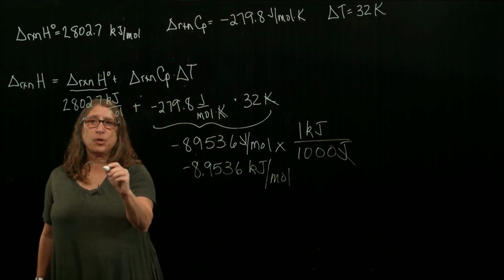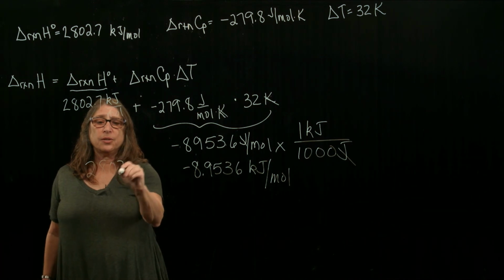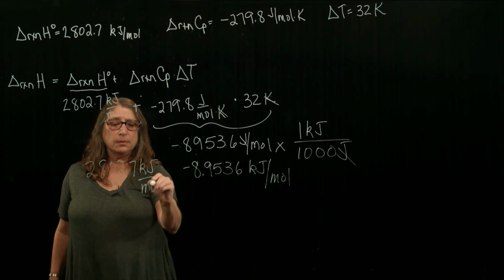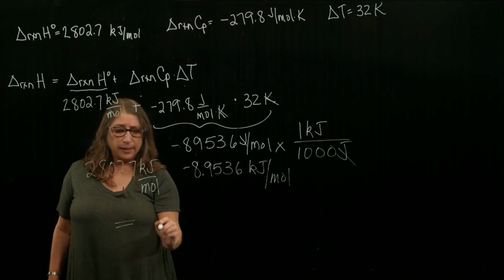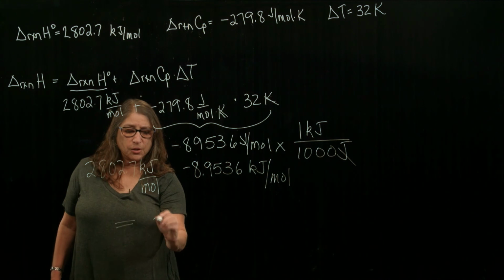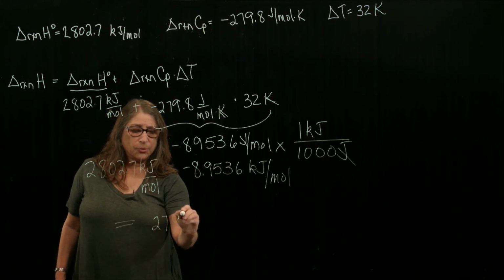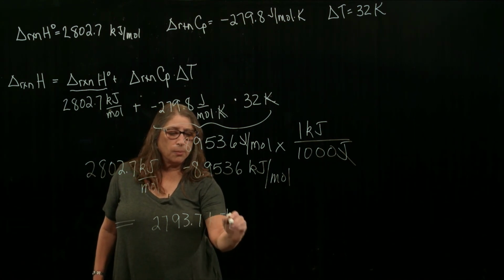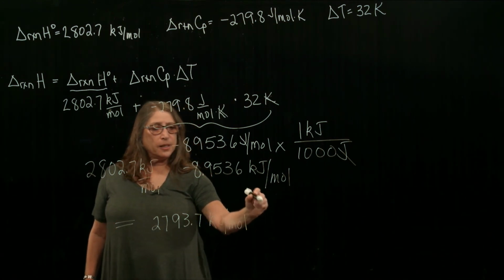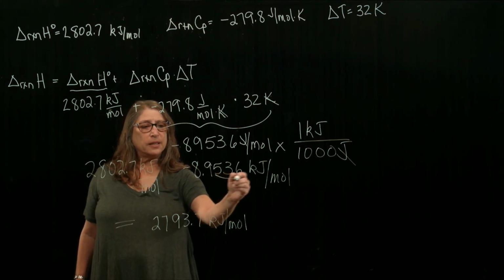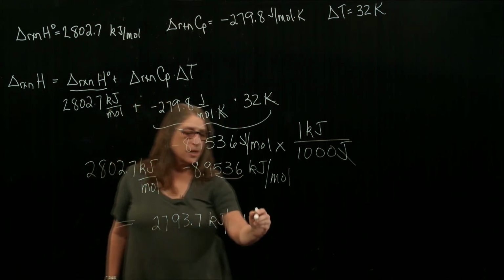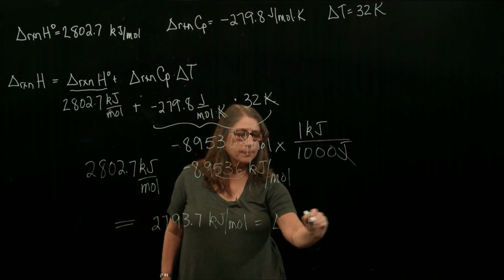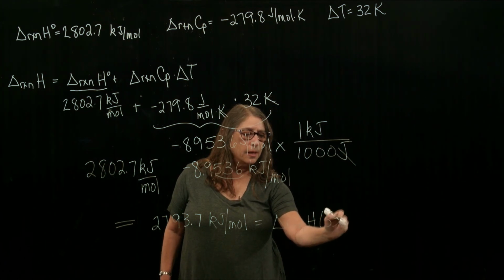And I subtract that from 2802.7 kilojoules per mole. And what I get in the end is 2793.7 kilojoules per mole. And I have to pay attention to my significant digits. So basically these don't really count. And that's the enthalpy of reaction at 330 Kelvin.